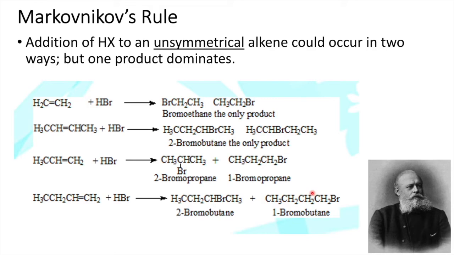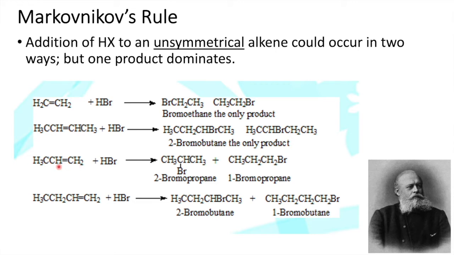So what happens if the molecule is not symmetrical, right? So this is an example of a symmetrical molecule. The H goes to one side, the Br goes to the other side. It really doesn't matter which way they go. But sometimes you have a molecule that is not symmetrical. Like, for example, this one here. So this side of the double bond has 2 hydrogens.